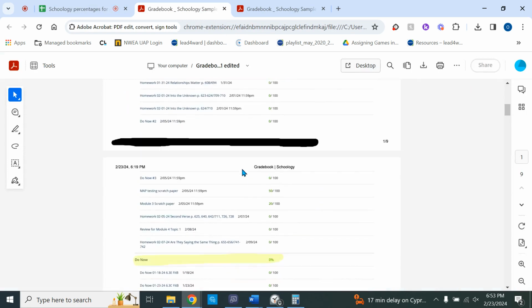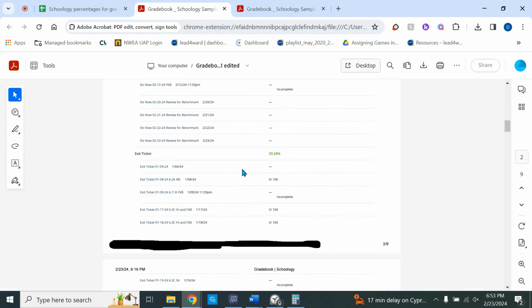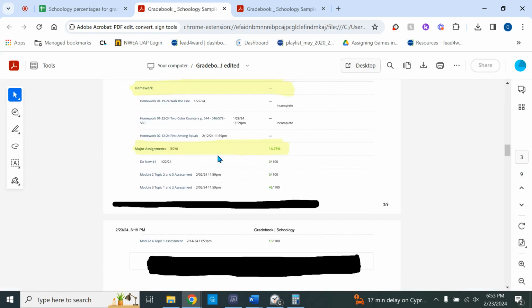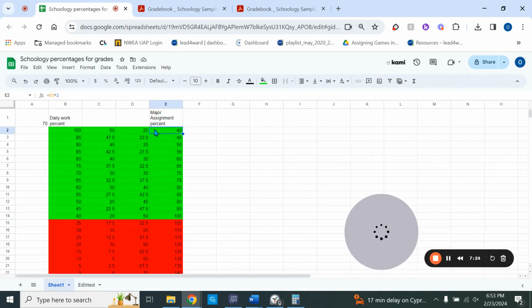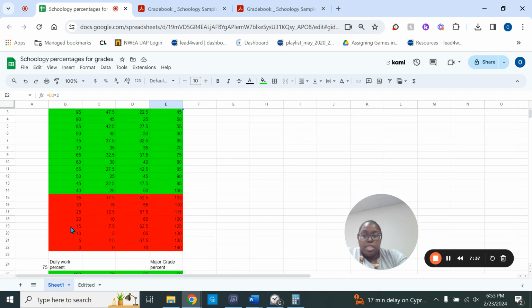Now, let's also look at the major assignment percentage. So the major assignment percentage is at 14.75. So the lowest you can get is a 40%. So that means anything less than 40% is going to look like these grades, which means 14 on your major grades will be, I'll just round it up to 15.